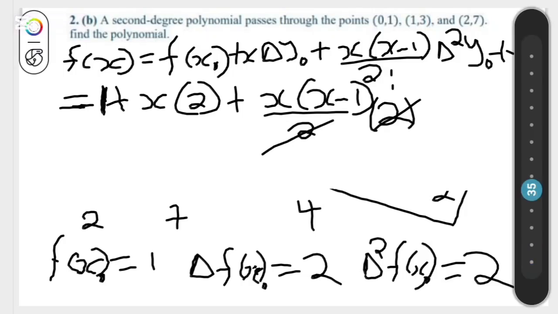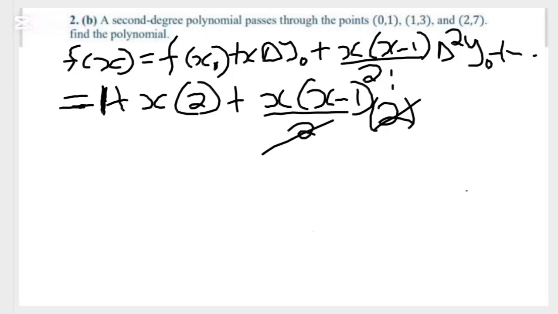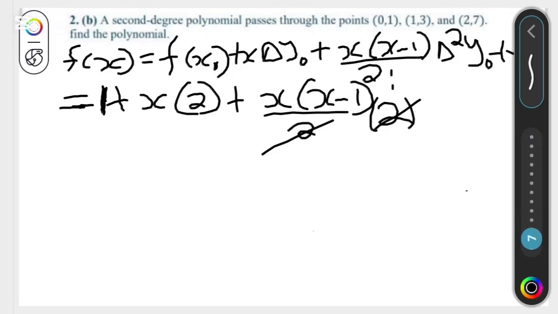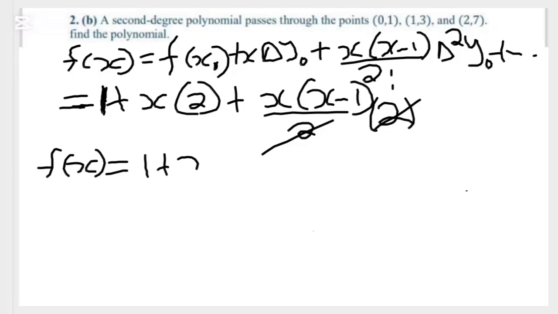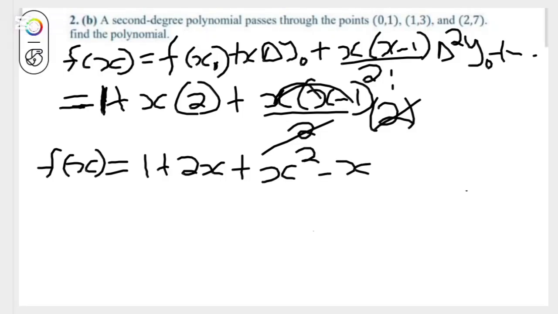At the end, I'll have something like this. My new f of x should now be equal to 1 plus 2 multiplied by x, which is 2x, and therefore plus x times x squared, x times 1 gives me x. So I will say x squared minus x. So I have to arrange them.